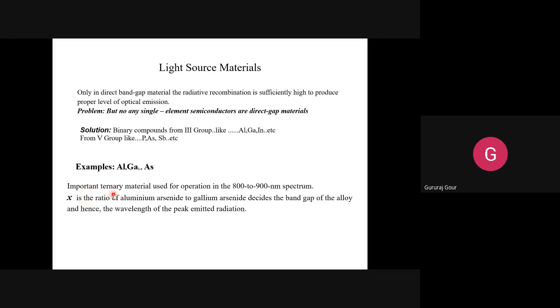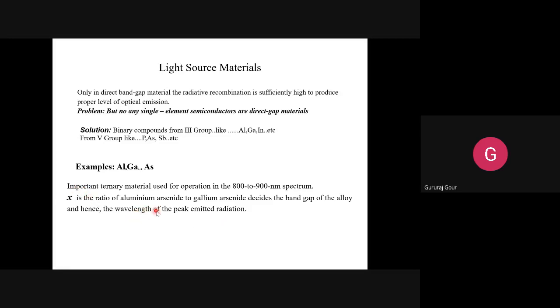And one thing you remember: wherever we use X from now onwards, it is the ratio of moles of aluminum arsenide to the moles of gallium arsenide. That decides the band gap of this alloy and hence the wavelength of the emitted light. The wavelength of the emitted light depends on this X.